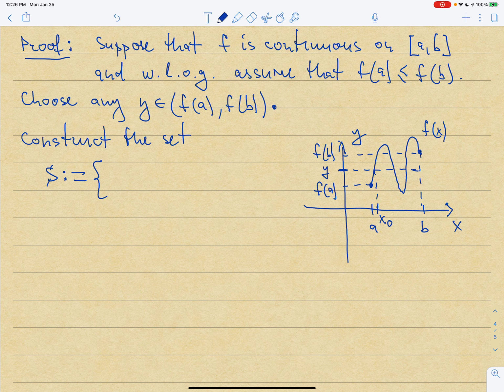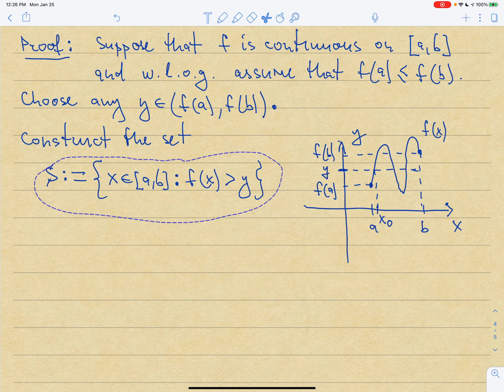It's going to be the set of all x between A and B, such that f of x is going to be greater, actually let's just do greater than y. Right, so I'm fixing this value of y, and I'm constructing this as my set of numbers S.